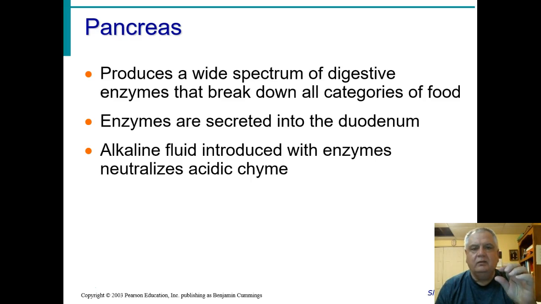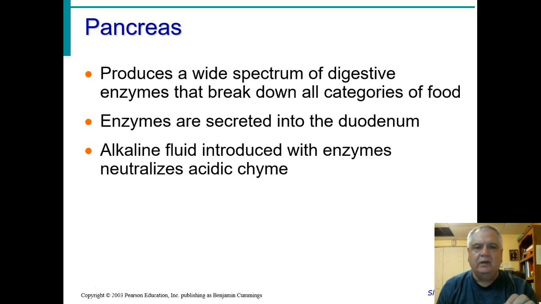So that low pH, high hydrochloric acid chyme doesn't damage the walls of the stomach. But when it comes out into the small intestine, we don't have a thick layer of mucus anymore. So that chyme, being very low pH, could cause damage to the internal lining of the duodenum.